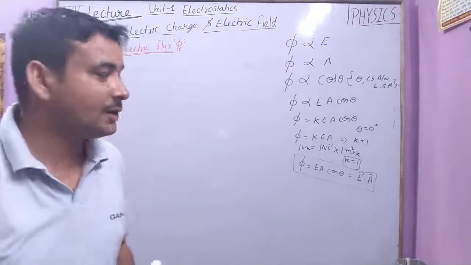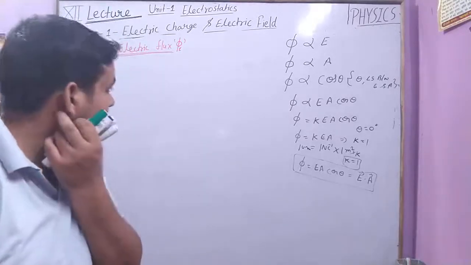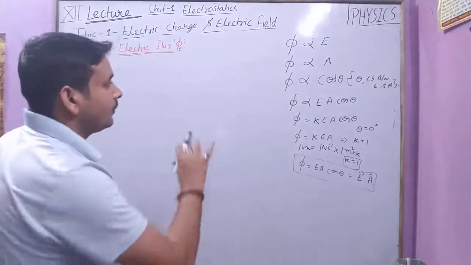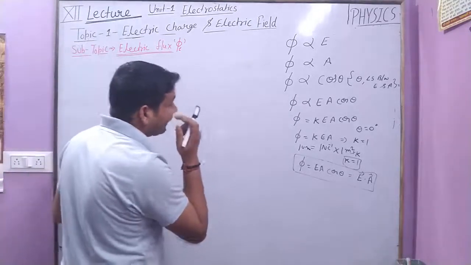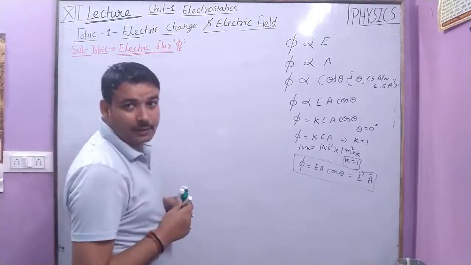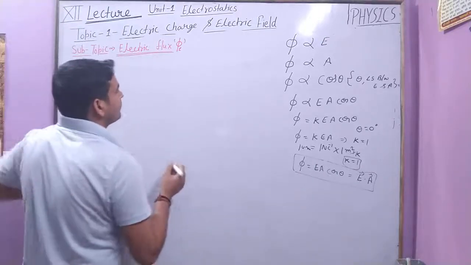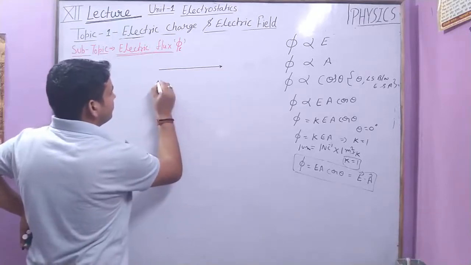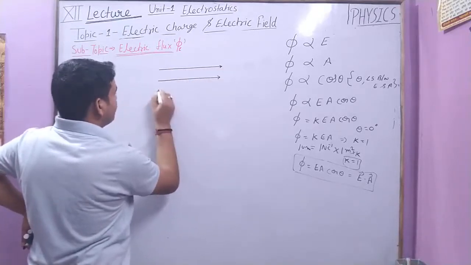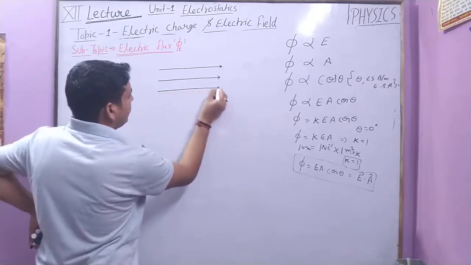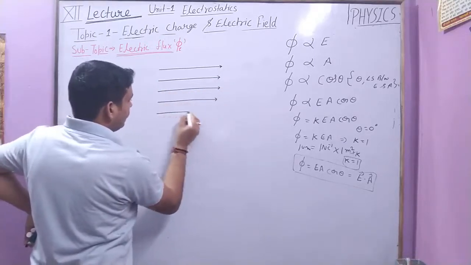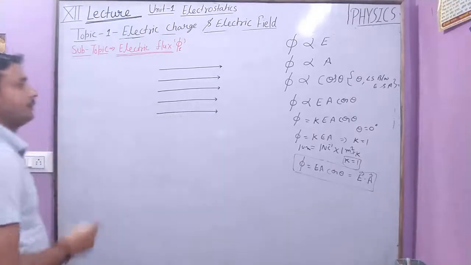Now let's understand this by using a mathematical proof. Suppose we have some uniform field lines of a charge moving parallel to each other.